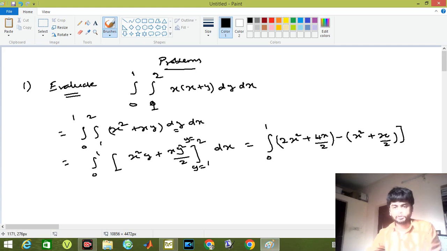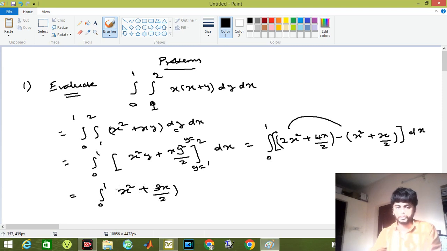This should be integrated with respect to dx. Now you will get integral 0 to 1, 2x square minus x square, which is x square, plus 4x by 2 minus x by 2, which is 3x by 2, into dx.